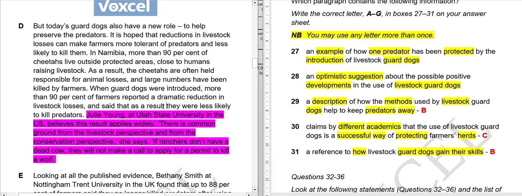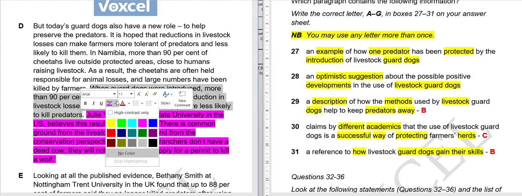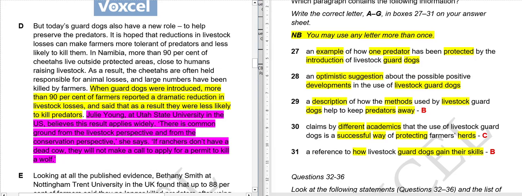So, which is the example of a predator that guard dogs have to protect? Yes, this is the example. When guard dogs were introduced, farmers were less likely to kill predators, and which predator was held responsible? Cheetahs. They were held responsible.